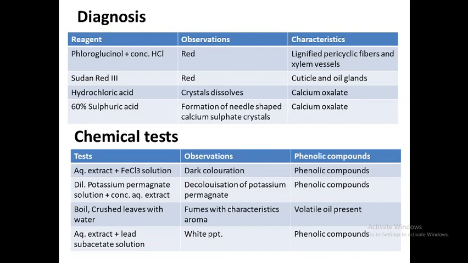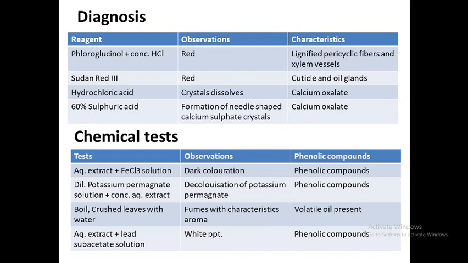And in presence of 60% sulfuric acid, the needle shaped calcium sulfate crystals are formed because of calcium oxalate crystals are present in eucalyptus. So this calcium oxalate convert to calcium sulfate, and the needle shaped crystals of calcium sulfates are formed in presence of 60% sulfuric acid.